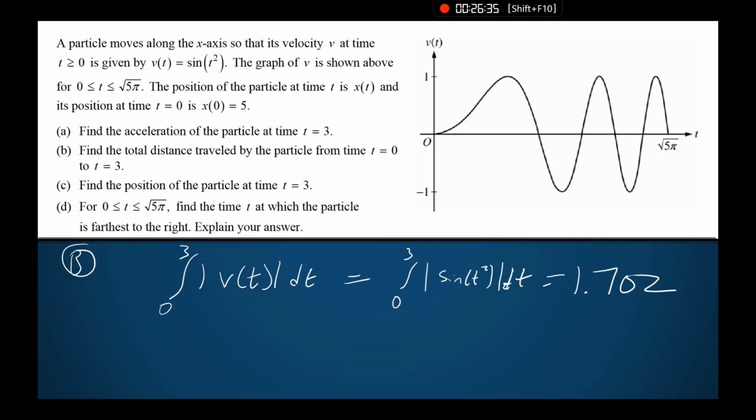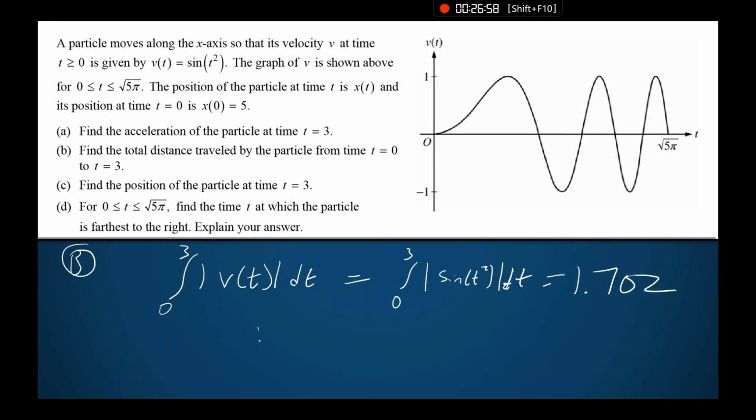If we did have to do that without a calculator, then what I would need to do is figure out when this function would be equal to 0. Because that would tell me when the sign changes from positive to negative. And the sign normally changes from positive to negative at pi.